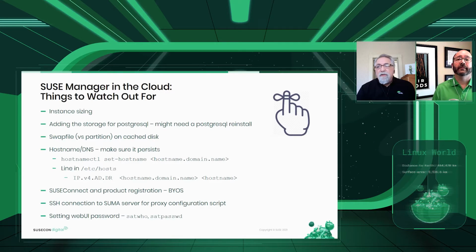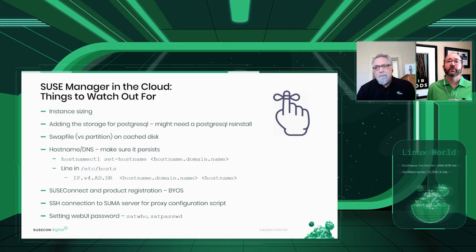Anytime you add storage and then try to run YaST SUSE Manager setup, if PostgreSQL was installed before then, it puts things in /var/lib/pgsql, the Postgres package itself, and it might get lost looking for it. So just make sure that you do it sequentially. Adding the storage is something you want to do ahead of the install for Postgres.